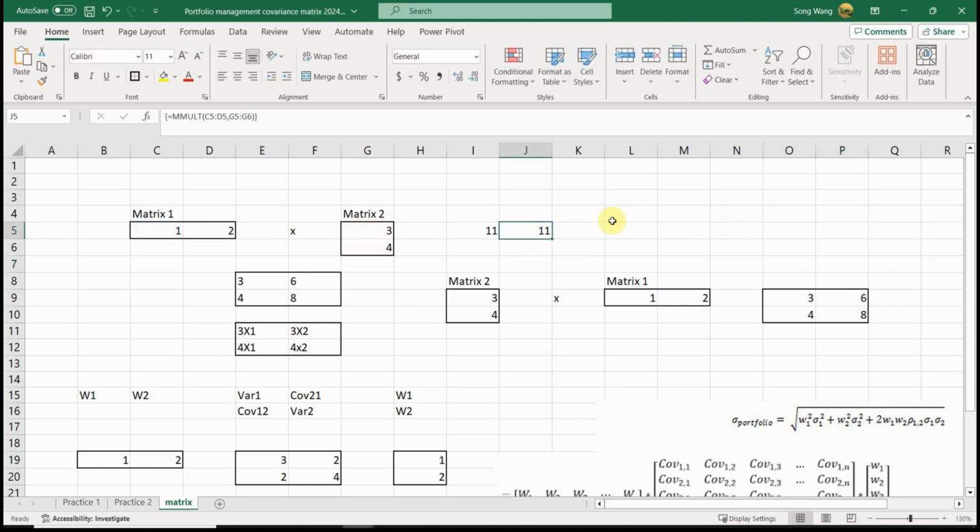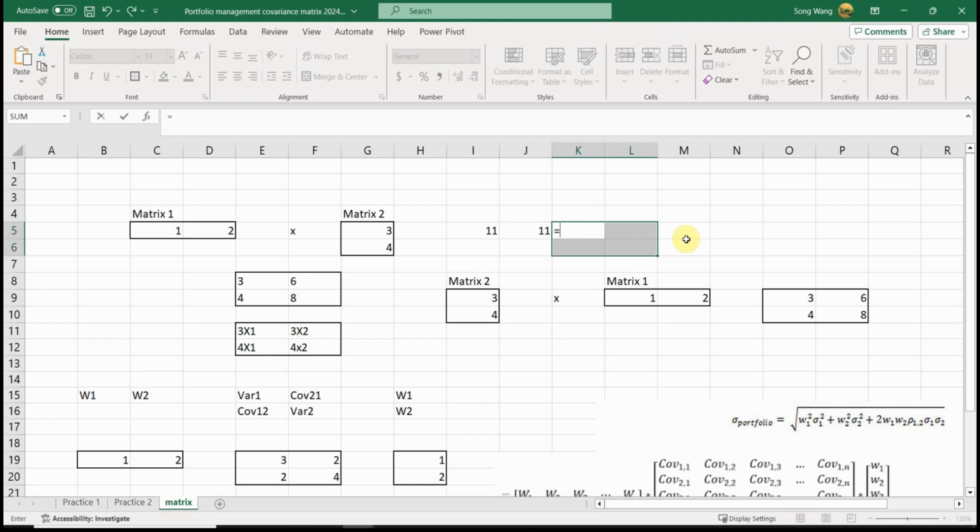If you don't believe me, if I select a 2 by 2 matrix and I still do the first calculation, matrix 1 times matrix 2, and mult. Even though I have four places to show the numbers, they're going to show me the same number.